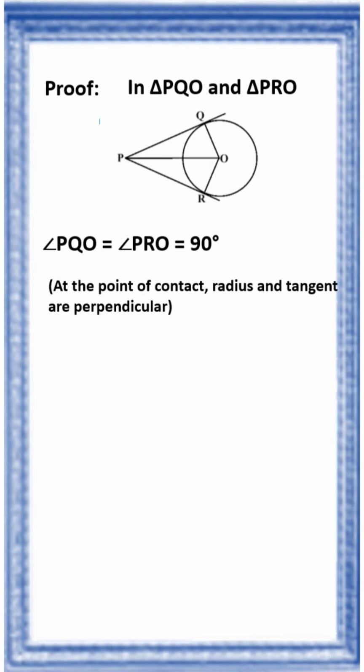Proof: in triangle PQO and triangle PRO, angle PQO is equal to angle PRO, that is 90 degree. At the point of contact, radius and tangents are perpendicular. OP is equal to OP, common.